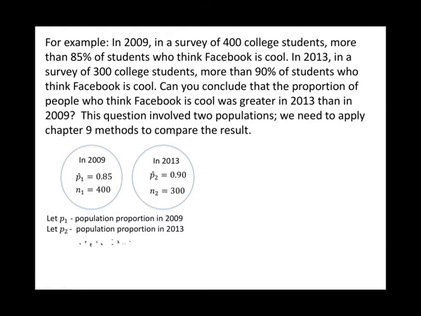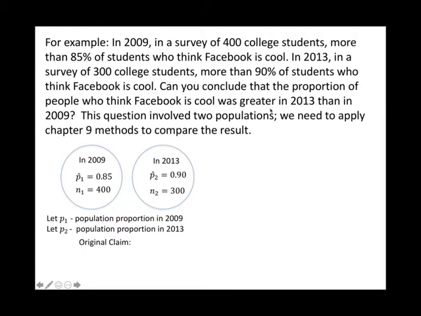Now we're gonna write down the original claim. With the claim statement, can you conclude that the proportion of the people who think Facebook is cool was greater in 2013 than in 2009? So you're gonna see the original claim here. It should be P2 greater than P1, right? Because 2013 is the P2.